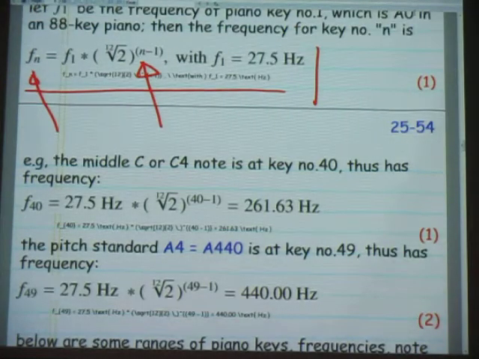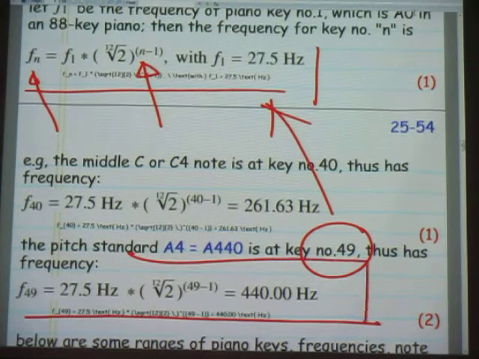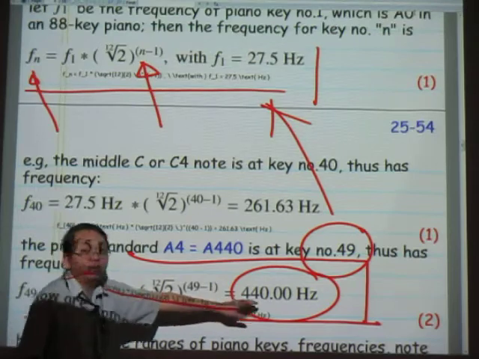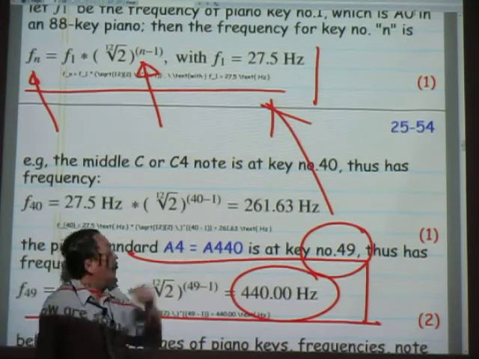And last time I also mentioned this example. If you put n equal to 49 into this formula, then you recover exactly the frequency of key number 49, equal to 440 Hertz, and that corresponds to note A4 or A440.